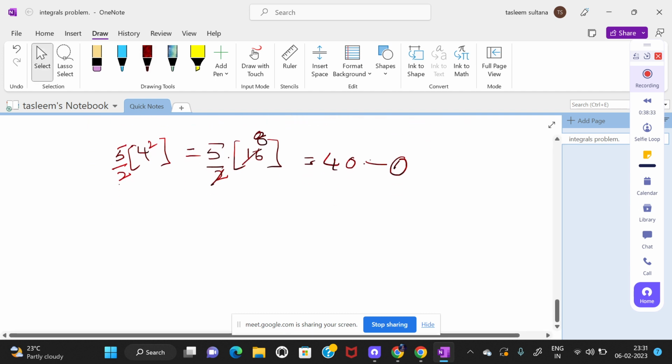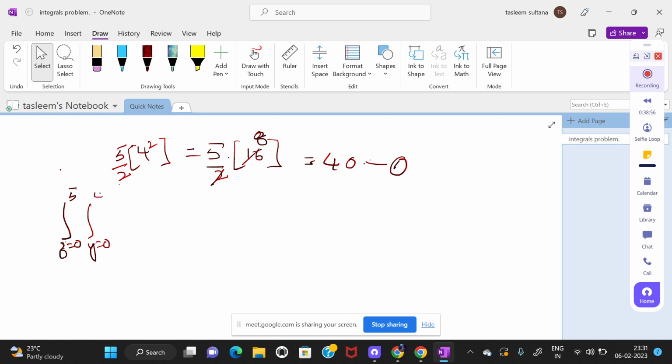The same thing, they did simultaneously. Then it will be your next one. This is equal to what? Your z limits are from 0 to 5, then integrating y from 0 to 4, z plus y into dy into dz.